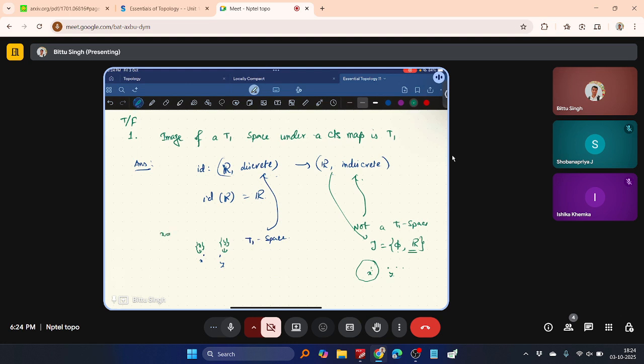So from this counterexample, it is clear that the image of a T1 space under a continuous map may not be T1. So this is false.